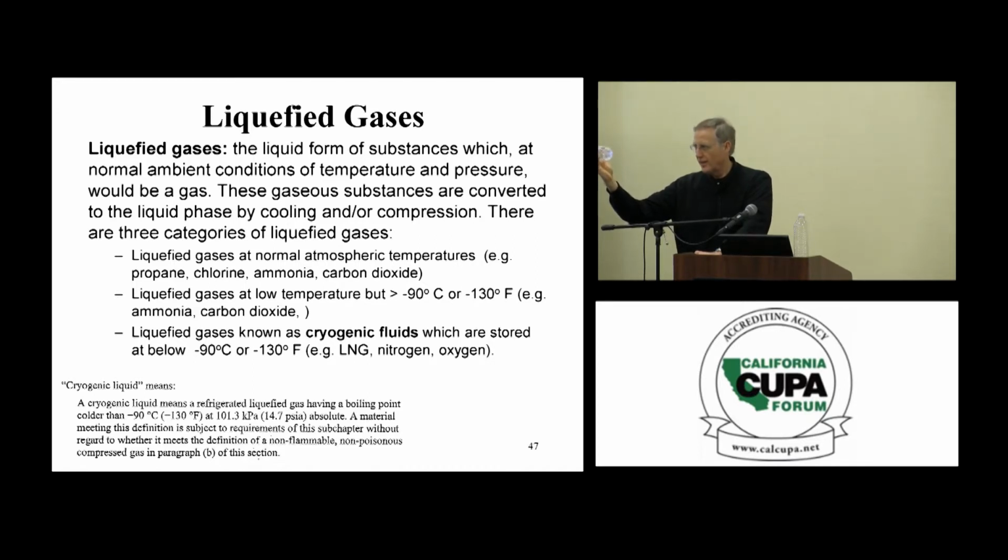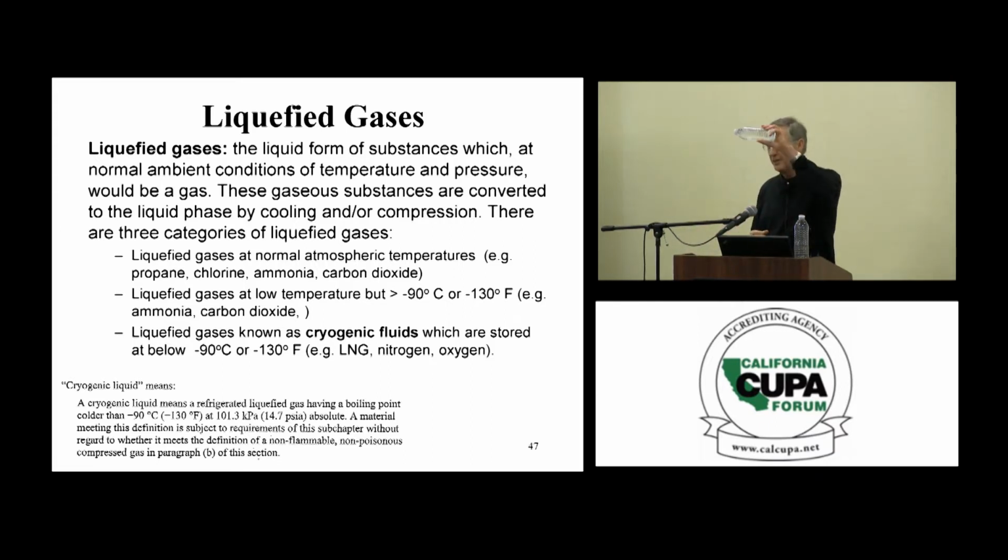And I've got today, and I'm not going to tell you which one, either ammonia or chlorine or propane in here. One of those is in here. Now, liquefied gas at lower temperature: this would be an atmospheric pressure vessel, and I could have ammonia stored at minus 27 degrees F, which would be at atmospheric pressure, because that is the atmospheric boiling point of ammonia.